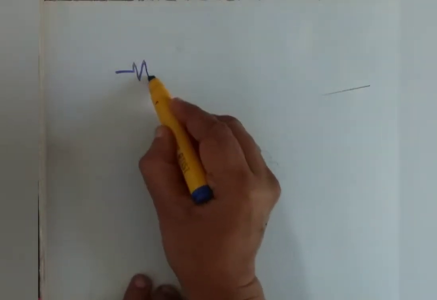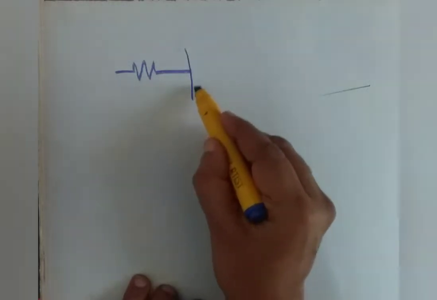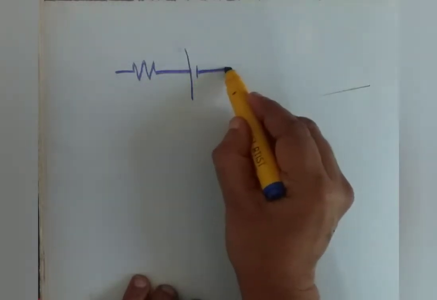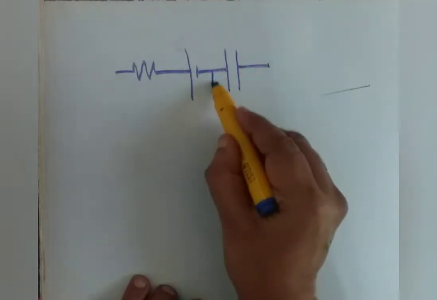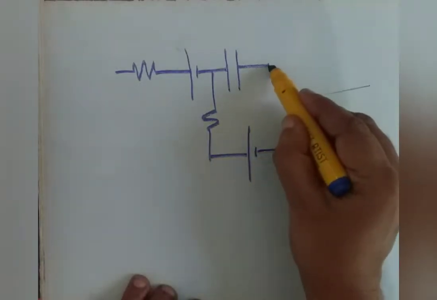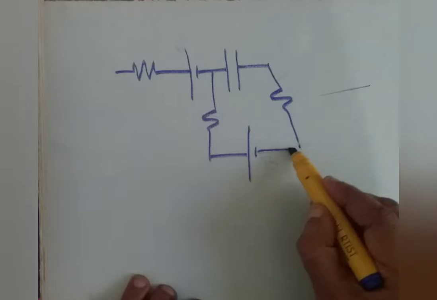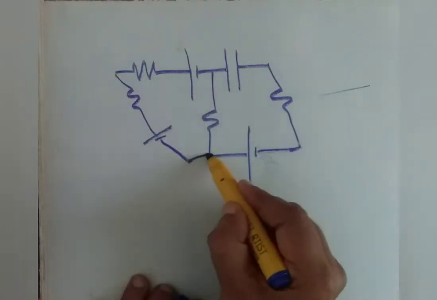Just observe. This is a circuit consisting of a resistance, a cell, and a capacitor, and another resistor, another cell, and another resistor, like this. It may be much more complicated like this.